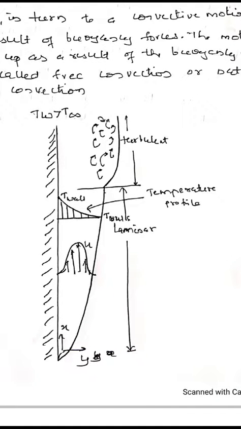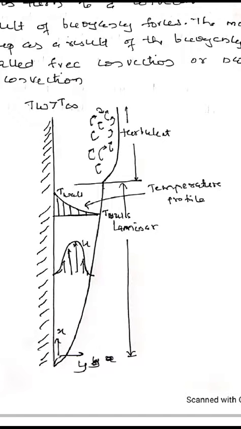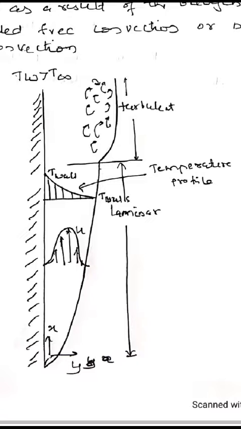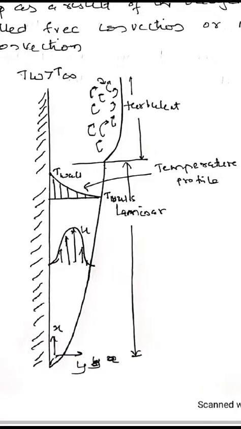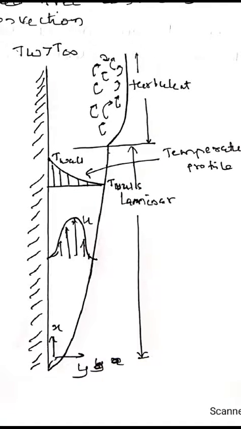Now a hot heated vertical plate is shown. The heated vertical plate is at T_w, greater than the surrounding air temperature T infinity. As you can see in the figure, the plate will heat the fluid particles adjacent to it by conduction, and a temperature gradient is established. This temperature gradient will cause a density difference in the fluid.